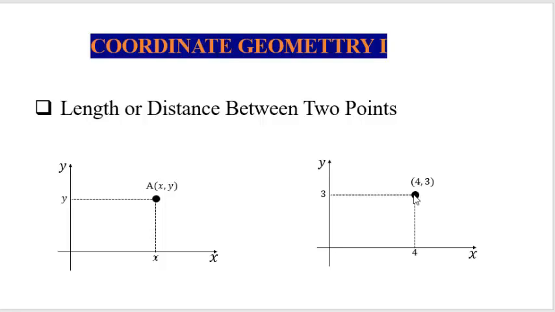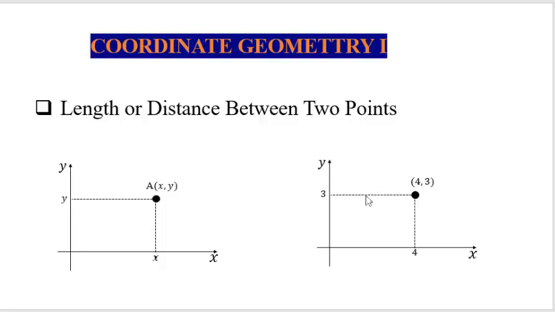To do so, let us trace this point to the x-axis. By doing so, we have the value here to be 4. So the value of x here is 4. And then tracing it to the y-axis, we could see that the value here is 3. So the coordinates of this point is 4, 3.